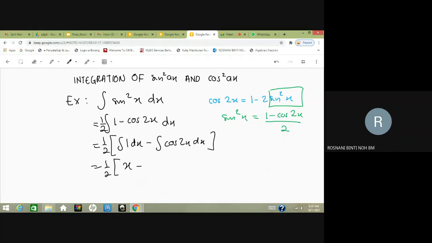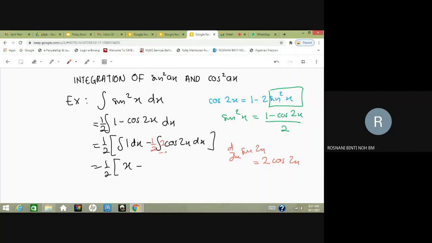Integrate cos 2x, which comes from sine 2x. When you differentiate sine 2x, your answer is 2 cos 2x. So for this one, you can put 2 here and 1 over 2 in front of your integration.